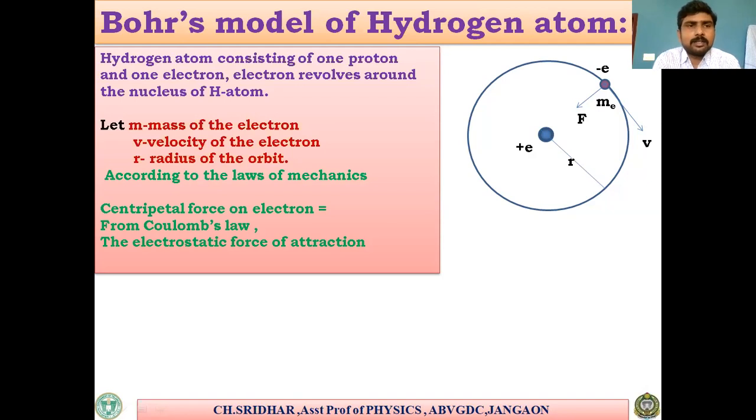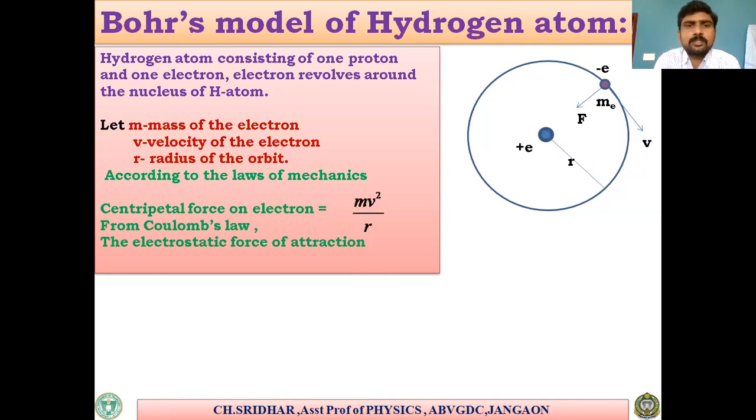If we consider m_e the mass of the electron, v the velocity of the electron, and r the radius of the orbit, then according to the laws of mechanics, the centripetal force on the electron is given by m v squared by r.